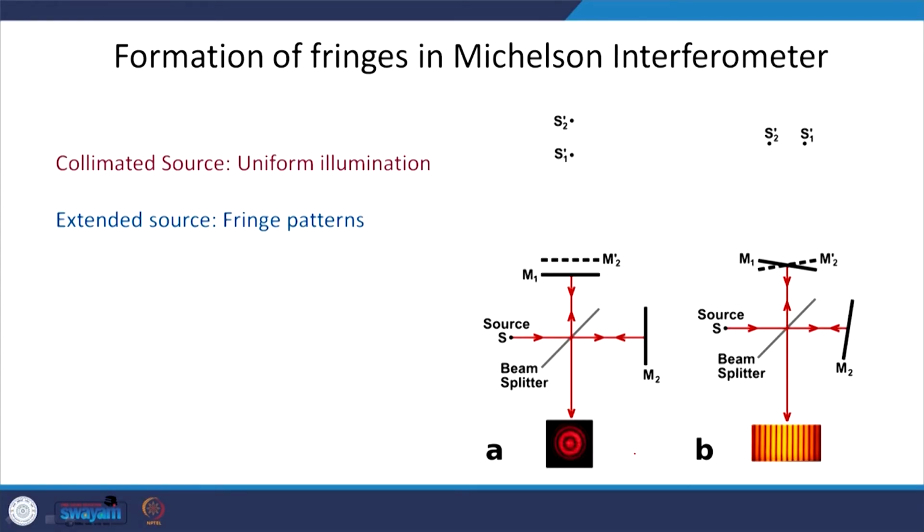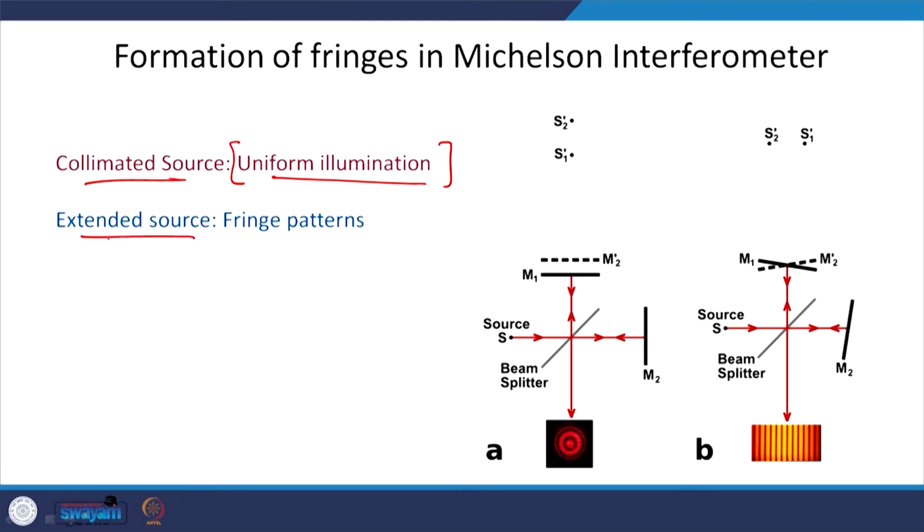Formation of fringes in Michelson interferometer. If you have a collimated source, a source which has a beam of light like a laser, you see either a maximum or a minimum. So, you see uniform illumination, either bright or dark, and you do not see any fringe.